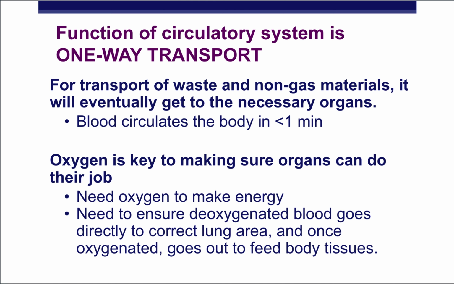And even if it's deoxygenated or oxygenated, that blood will eventually move through any critical organs you need it to get to, like your liver or your kidneys, to remove waste, because your body pushes blood all throughout everything in less than a minute, even 45 seconds, basically. So oxygen is key to making sure organs can do their job, though. So in this case, materials can flow whatever way, but because the one-way flow is in place, it will eventually flow through whatever critical organ you need it to get to.